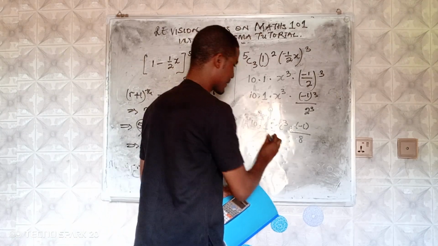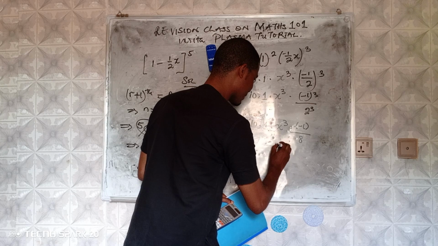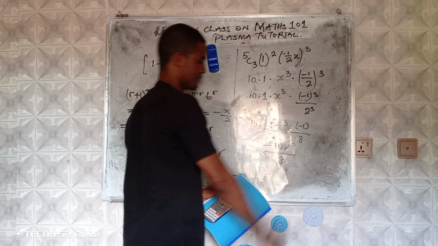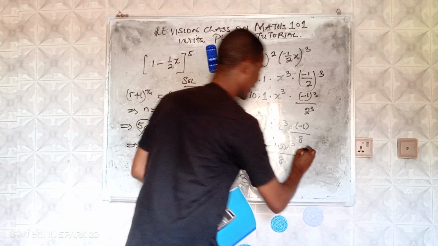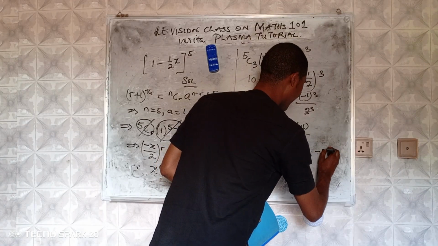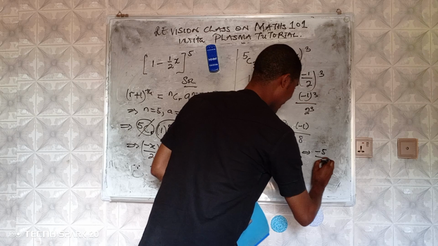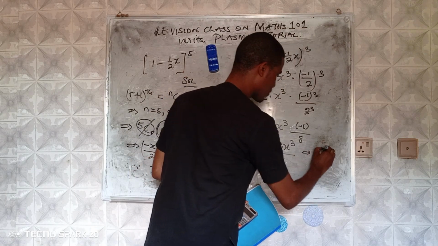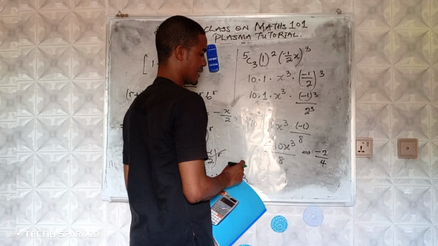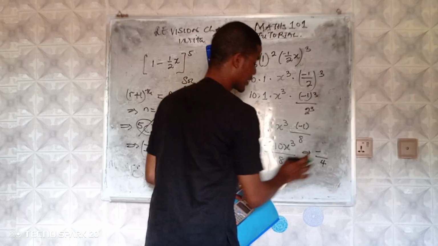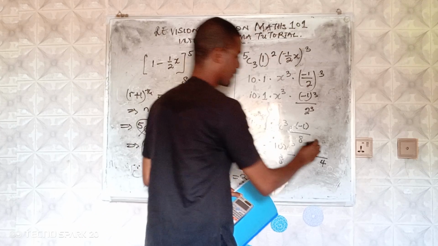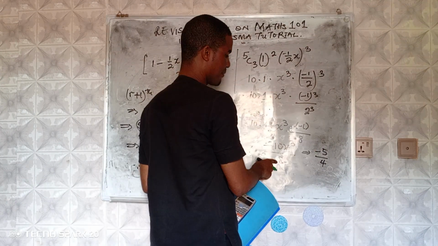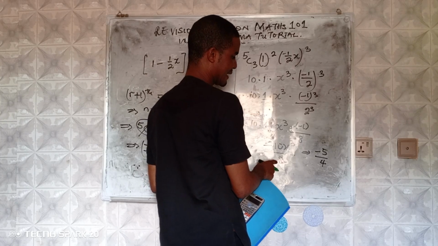So I have 10 times 1 is 10. This will give me minus 10x cubed over 8. 2 can go here. So I have minus 5 over 4, because 2 times 5 is 10 and 2 times 4 is 8.